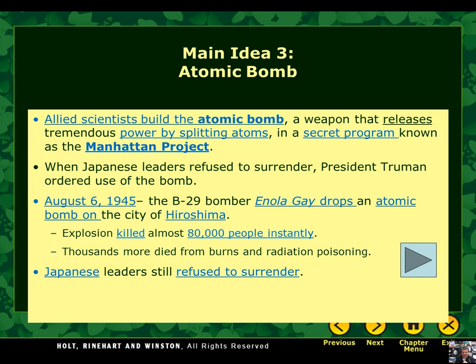One of the things that President Truman used to make his decision was the fact that the Japanese had not surrendered on any of the islands, and that caused more Americans to lose their lives because it took longer to win that battle. And so if the United States were to invade the island of Japan, President Truman believed that many, many American lives were going to be lost in that attack.